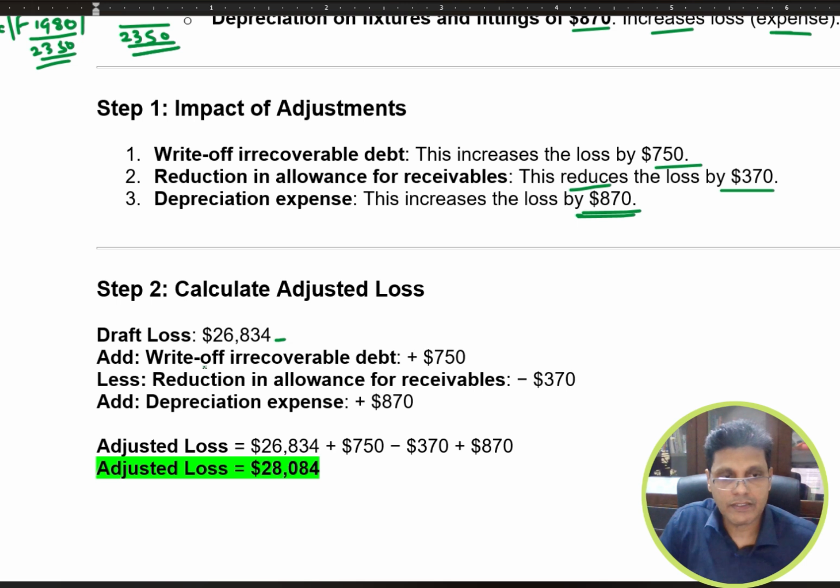You need to add back the write off of 750 and reduce the loss by 370. Again you need to add back 870 for the depreciation expense. That will increase the loss. So once you make these adjustments, your adjusted loss will be 28,084. This is the answer for this particular question.